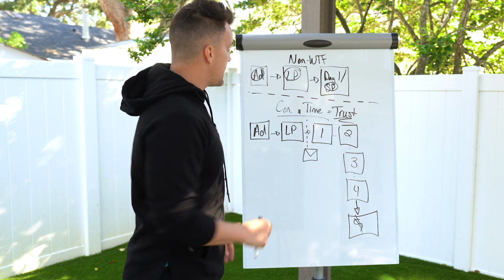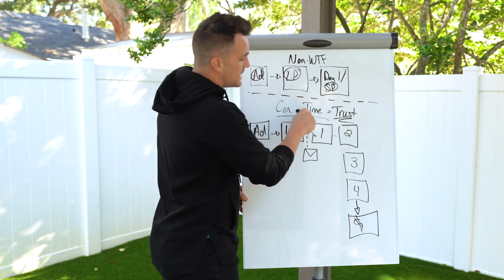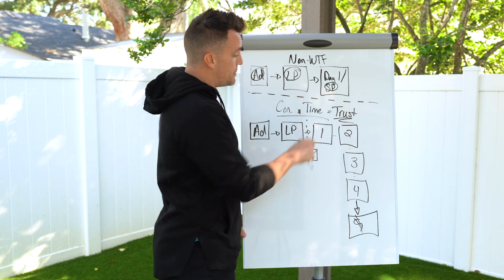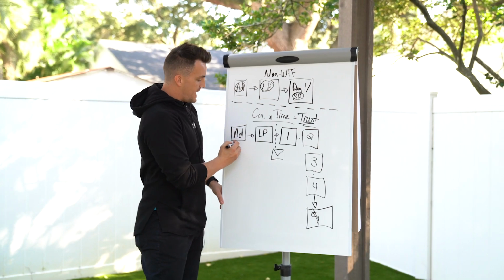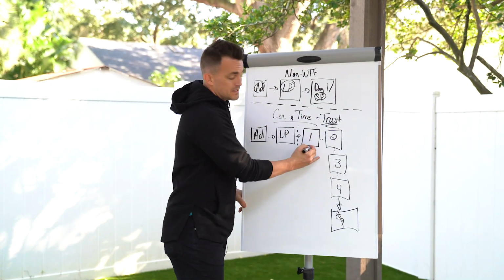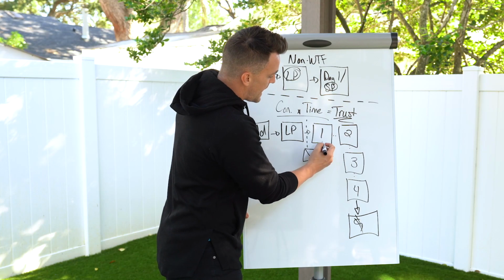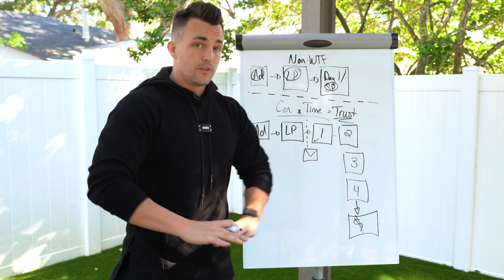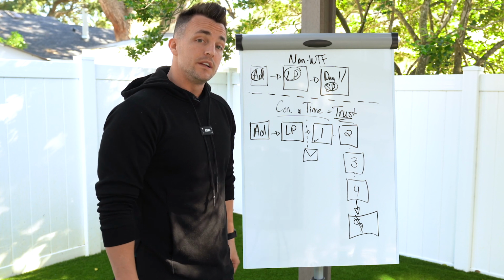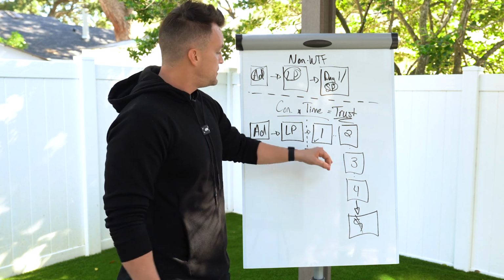Here's the reason we do that. We need consistency and we need time in order to build trust. Here's the best way to build trust. Watch this. You run an ad to a landing page that promises information and you actually give them information, right? As soon as they opt in, they're going to see page 1. Every single person. This is your key metric.